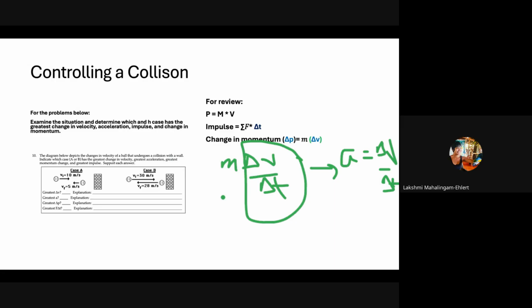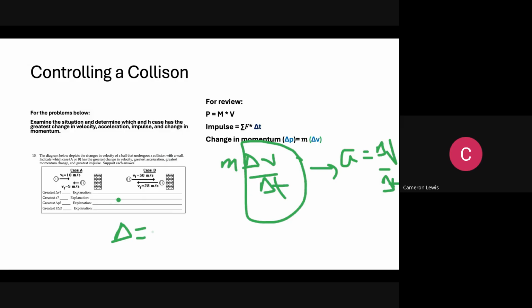Yeah, that makes sense. Okay, so we're going to say B has the greatest acceleration. Now, let's go one more time. Now that we know that B has the greatest change of velocity, and it has the greatest acceleration, let's look at change of momentum.